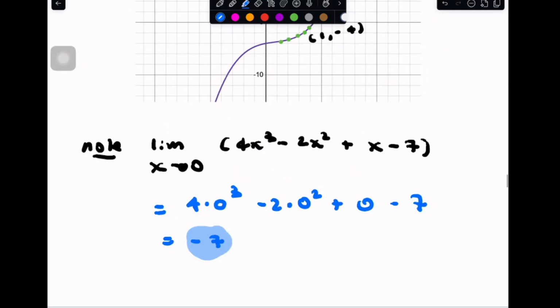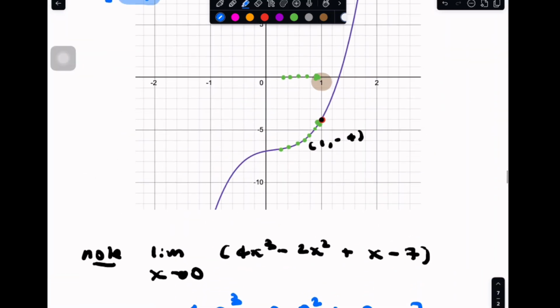Your limit's negative 7. And I could now just look at this and say, what am I approaching now? What's the fixed value? 0? Okay, left-handed limit we've been doing on green. Maybe you say, I like just doing this here. All right. Right-handed limit, okay.